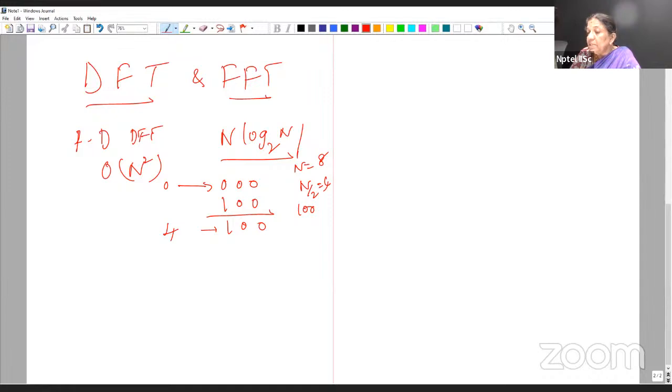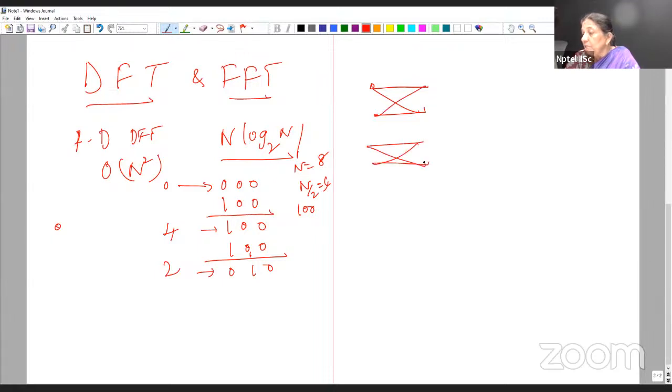Next, if you add 1 0 0, you'll see that 1 plus 1 gives 0 with a carry, so the next value will be your second, as you can see from the butterfly structure. Initially, the first stage of the butterfly is going to be considered.